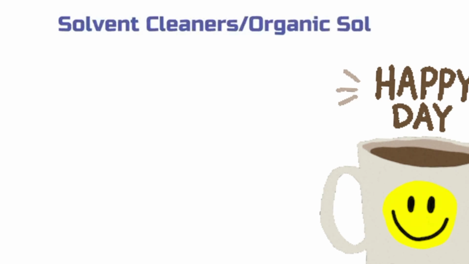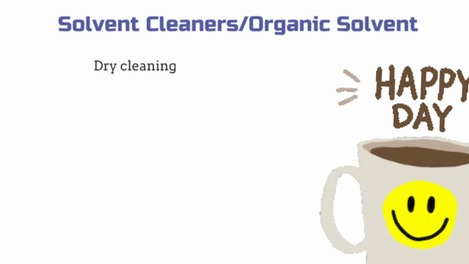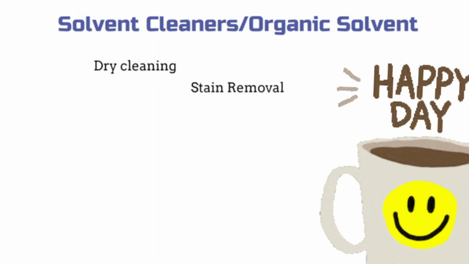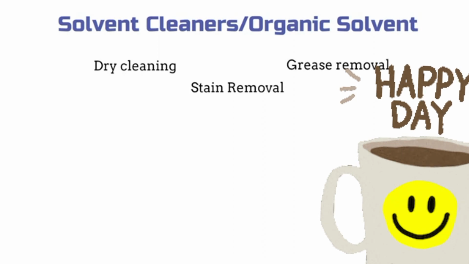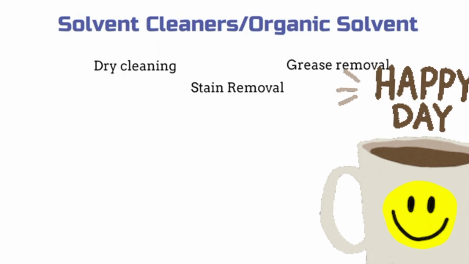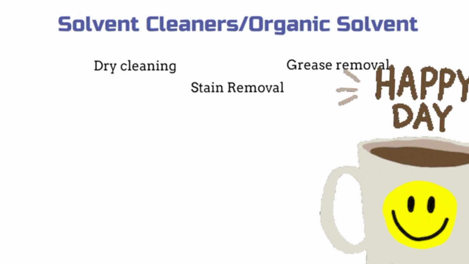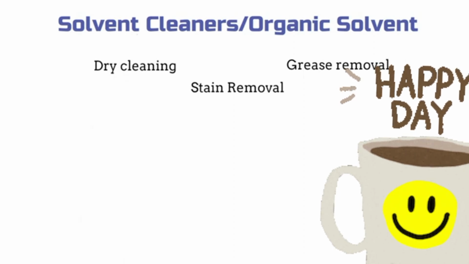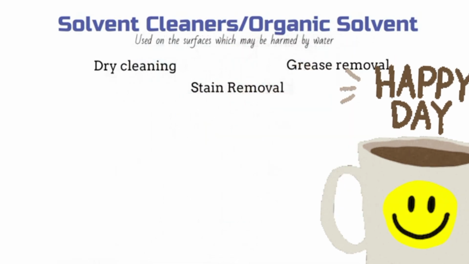Solvent cleaners or organic solvents. Organic solvents are widely used for dry cleaning and stain removal in the hotel industry. Also great for grease removal and they evaporate in the air quickly. Hence can also be used for cleaning windows, mirrors, picture frames, etc. These are also used on surfaces which may be harmed by water.